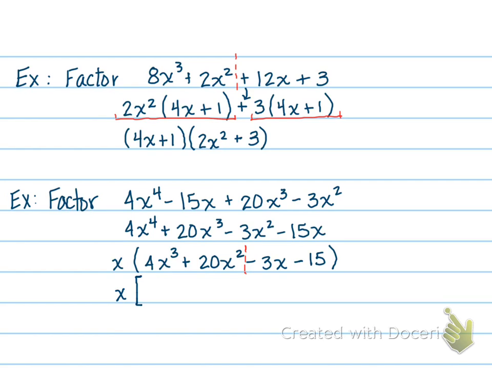Looking at my first 2 terms, I see that I have a common factor of 4x squared, which leaves me with x plus 5. In between my groups is that subtraction, so that comes with me. And then I see that 3 and 15 have a common factor of 3.